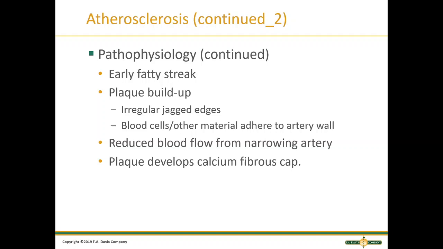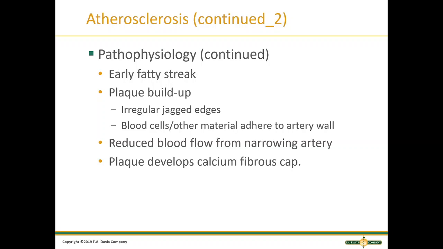Okay, so we can see an early fatty streak, then plaque buildup. It causes irregular, jagged shapes. Again, we can see this in the diagram, Figure 24.1, on page 402.